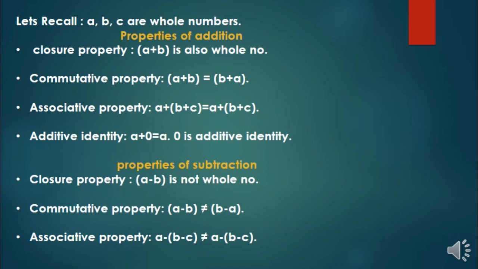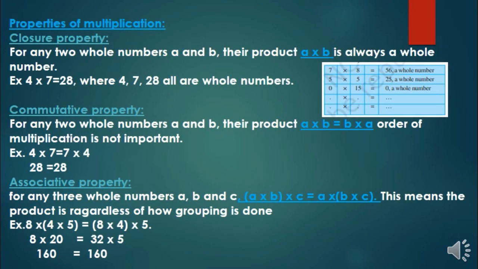Means from this we can say whole numbers are not applicable for subtraction. Now we have discussed properties of whole numbers on addition, not subtraction. Now we'll check it for multiplication, whether it is applicable in multiplication or not.